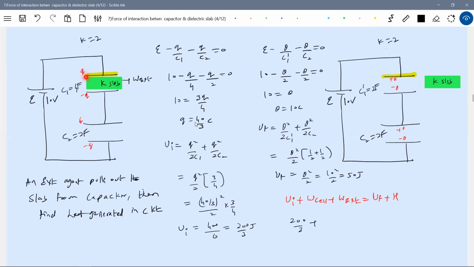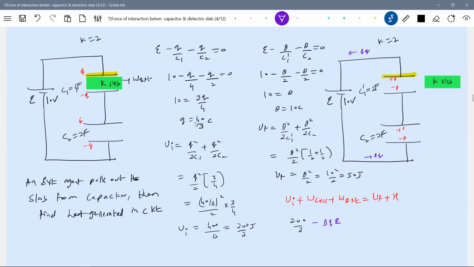The initial charge was Q, 40 by 3. The final charge is 10, so some charge is left, and then it has become capital Q. Now delta Q into E. Positive charge entered the cell, so therefore I'll put negative.